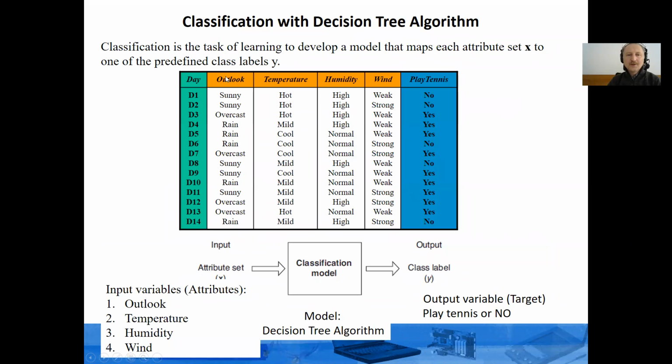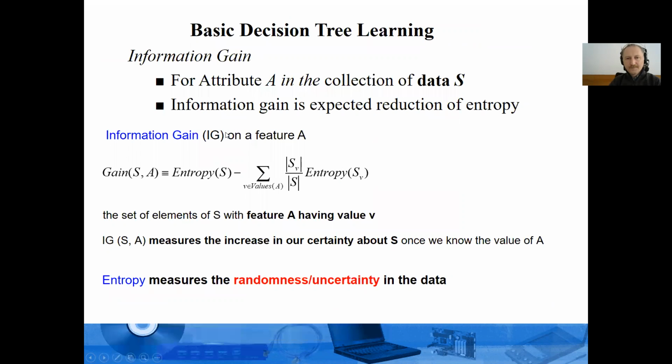For example, you calculate the information gain of the outlook, the temperature, the humidity, and the wind. Whichever has the highest information gain, we will put at the top of the decision tree. The information gain formula is this one.